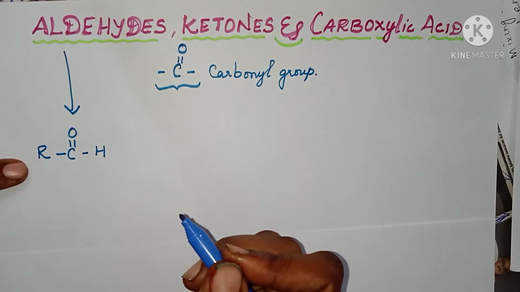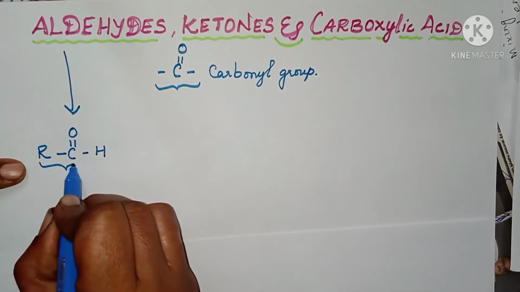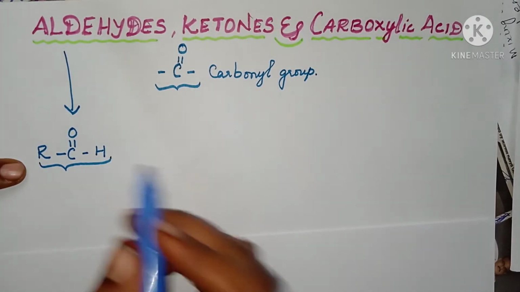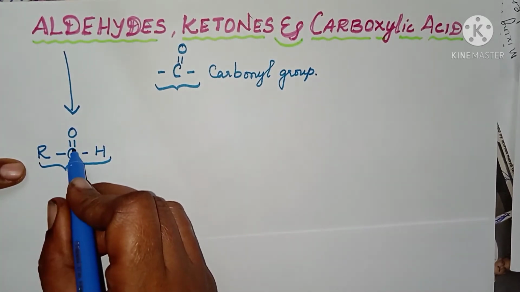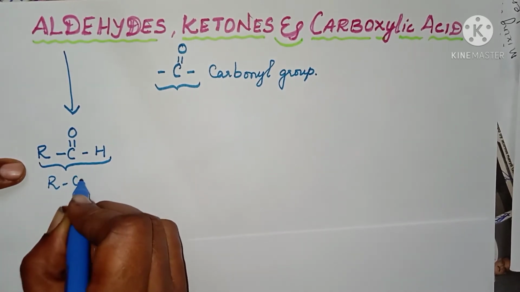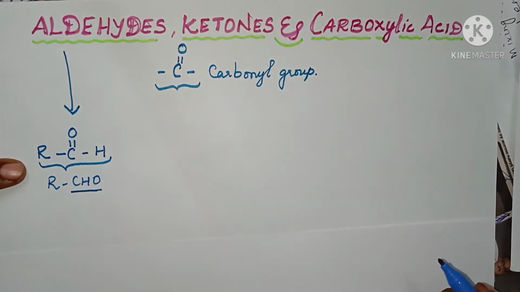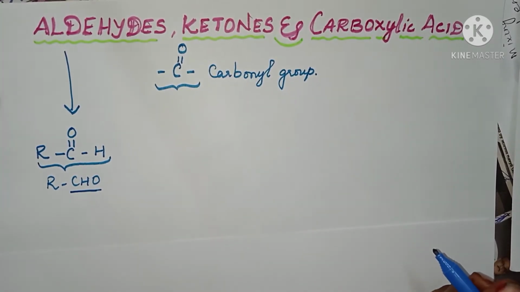So, this is the general formula of aldehyde: R C double bond O H, or CHO. CHO is the general formula of aldehyde.